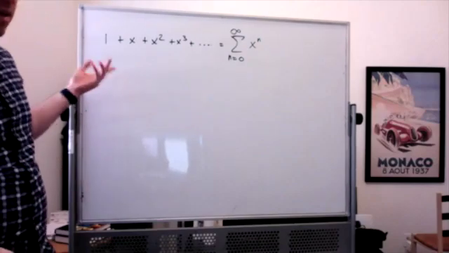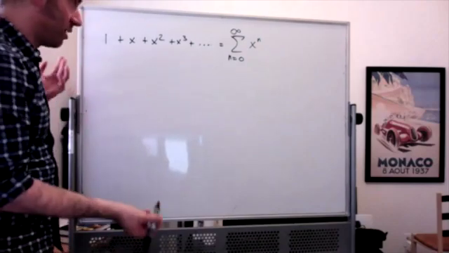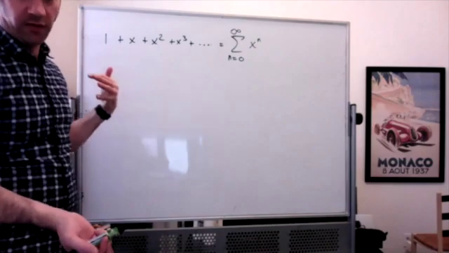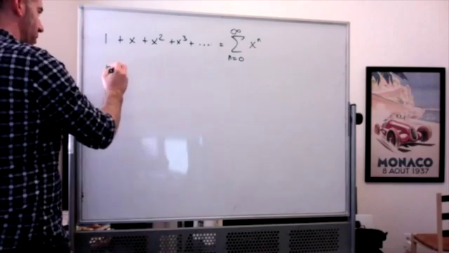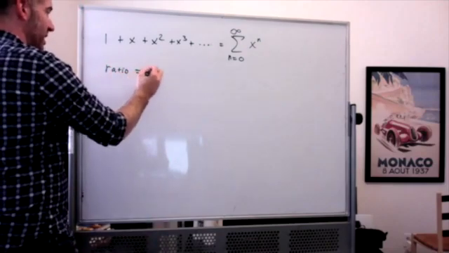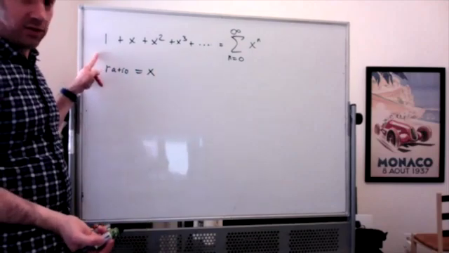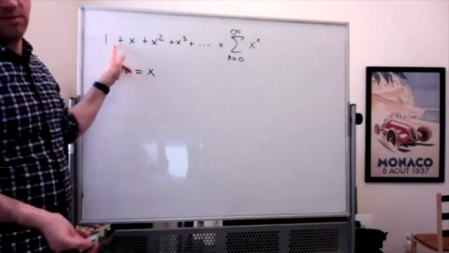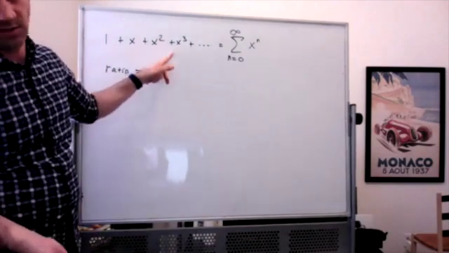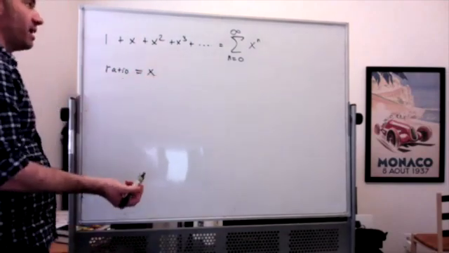Well, we know how to add up a geometric series as long as the ratio is between 1 and -1. So our ratio here is x, right? Every term is x times the previous term. 1 times x is x, x times x is x squared, x squared times x is x cubed. And so the ratio is x.